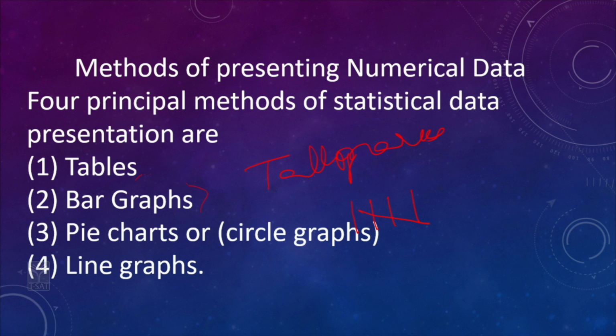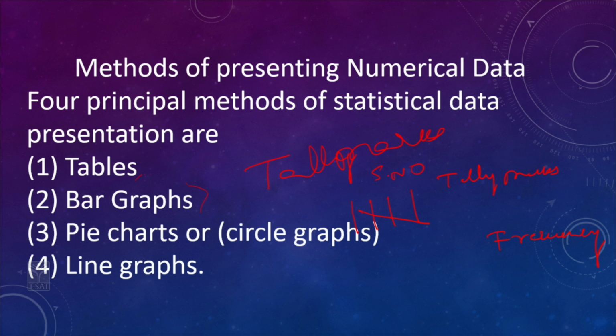In the table we have a serial number, the next column is tally marks, and the next one is frequency. So that is how the tables will be given, and the next one is bar graphs.